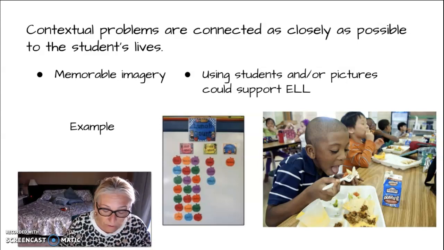Then we could either do an addition problem to solve for the number of children that may have brought their lunch and are absent, or take the number of children in the class and subtract the absent children, and then subtract again the children that brought their lunch and compare it to the number of hot lunches that we've added up. The idea would be to write it out every day to practice contextual problems.